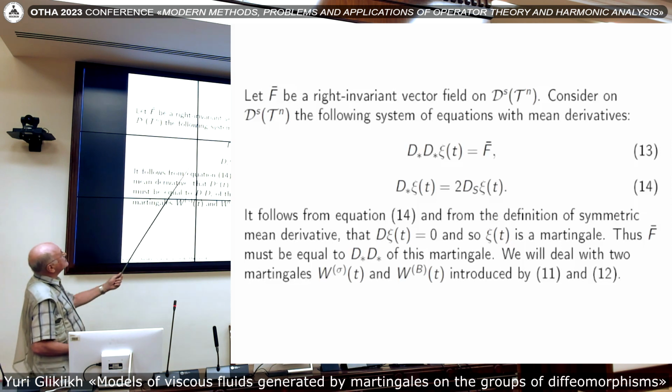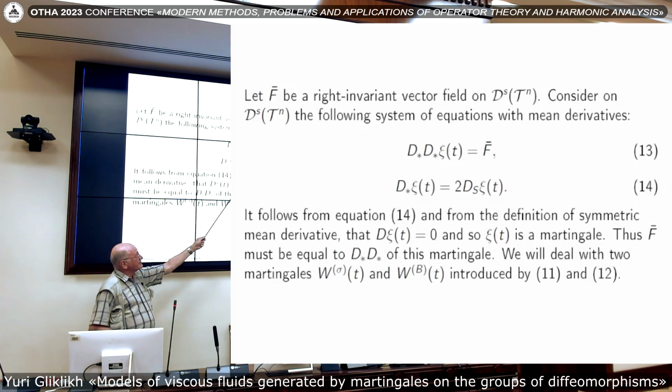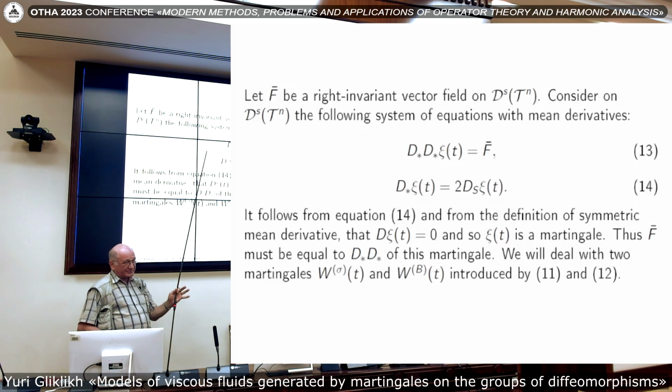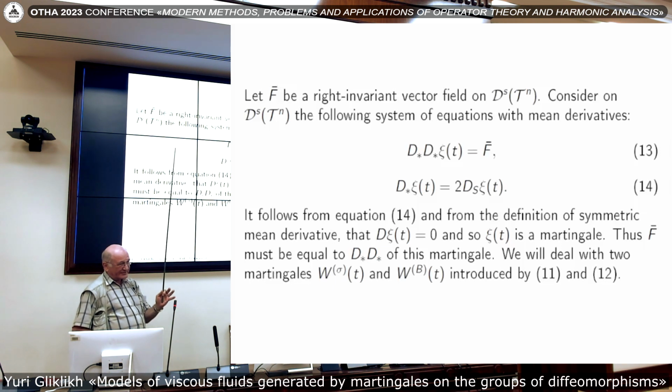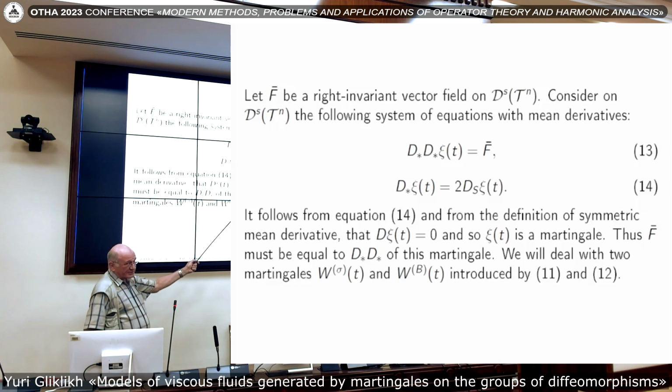The equations are as follows. The first one is that the second mean derivative, the backward mean derivative of x, equals some right invariant vector field, meaning its external force. So at unit we obtain the real external force that acted on the torus, and the second is the equality of the backward mean derivative to two symmetric mean derivatives.